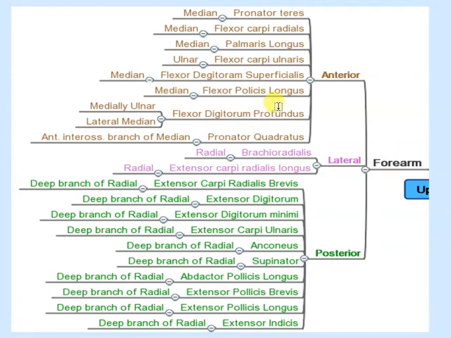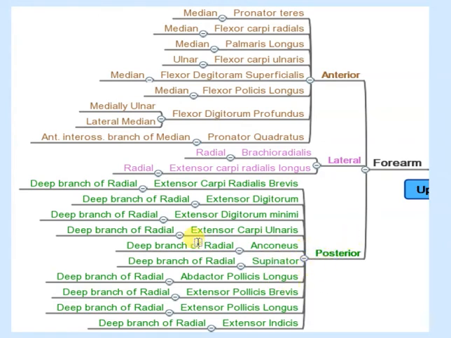So these muscles are supplied by the median nerve, but the lateral compartment muscles are supplied by the radial nerve. The radial nerve also is a terminal branch of the brachial plexus, and as we shall discuss later in the next sessions, the brachial plexus is the nerve supply of the upper limb. From there we have the posterior compartment.